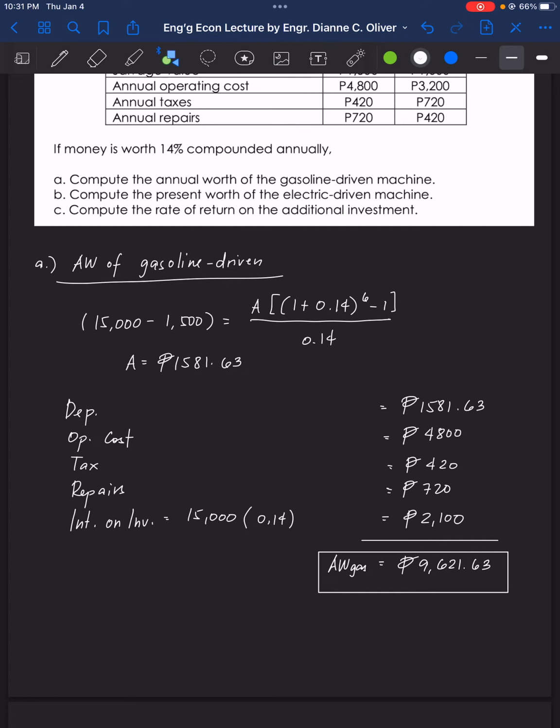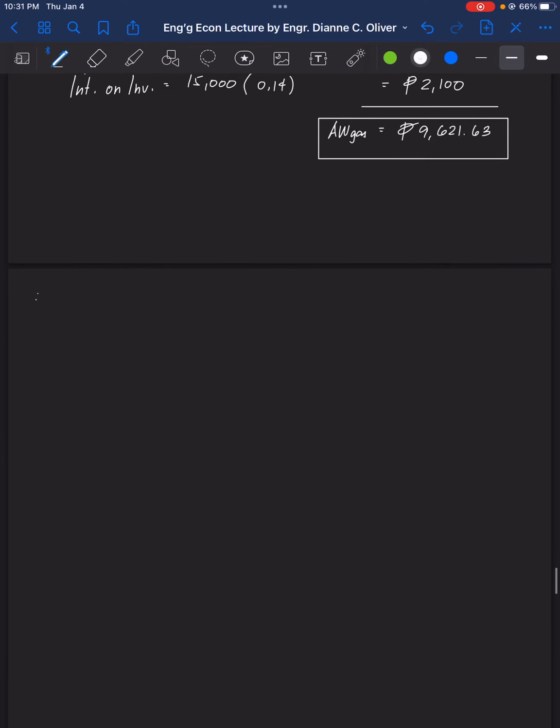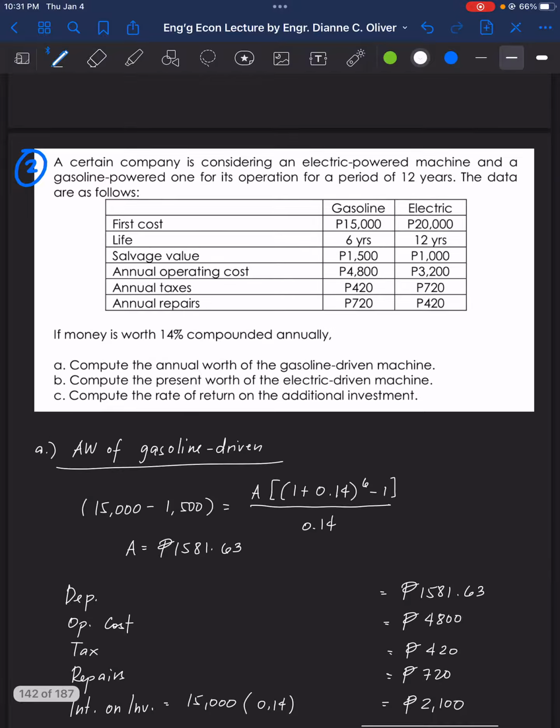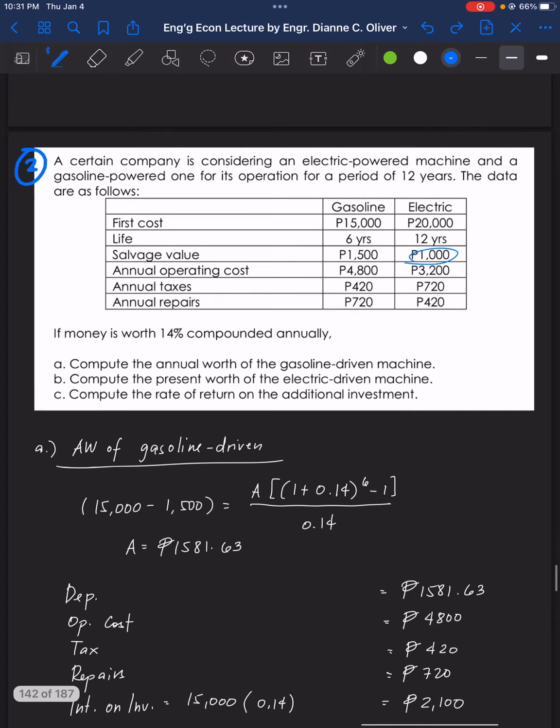Now let's go to letter B, present worth of the electric-driven machine. So for the electric driven machine, this is the first cost, 20,000, 12 years, salvage value of 1,000.